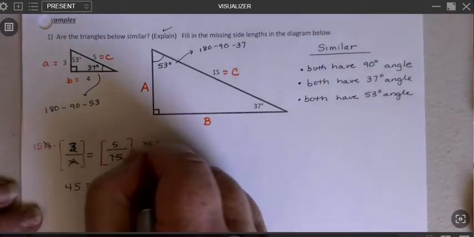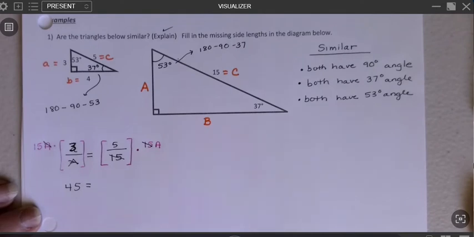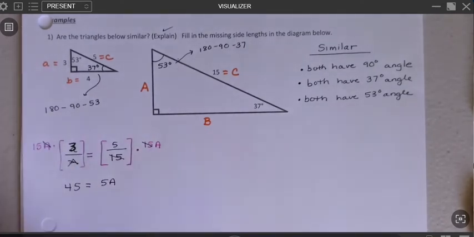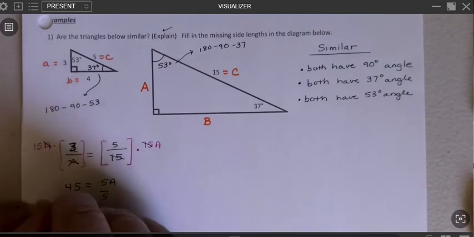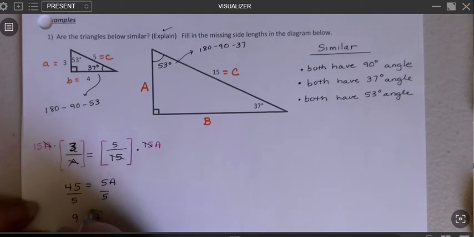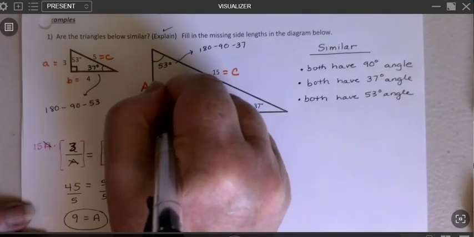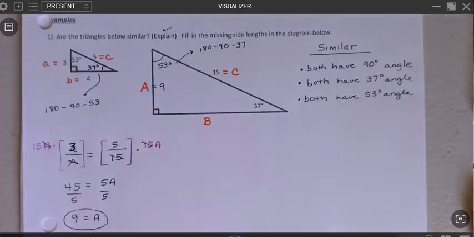Over there, the 15s will divide out. I get 5a. And then dividing both sides by 5, I do get a equals 9, which of course is exactly what we expected since we knew the multiplier of 3. But that would be using the proportion to figure that out.